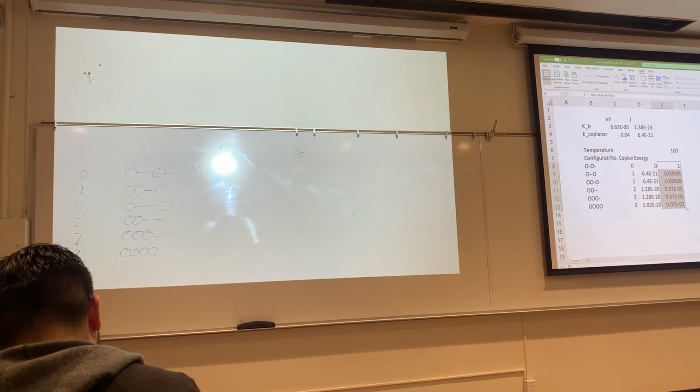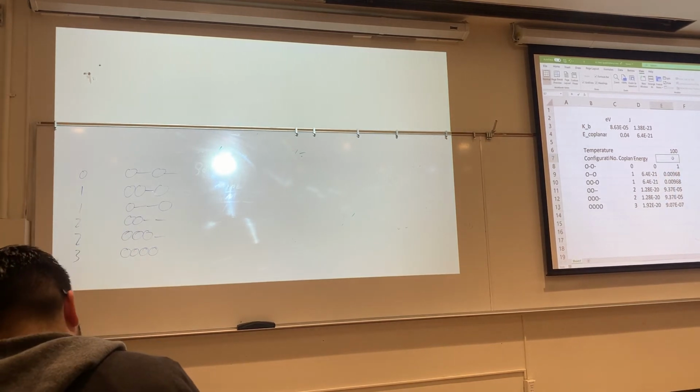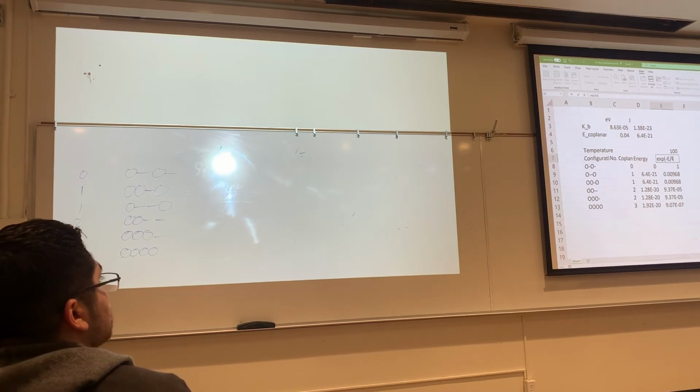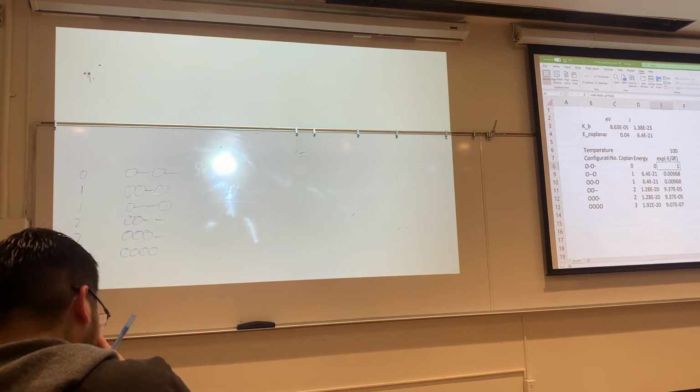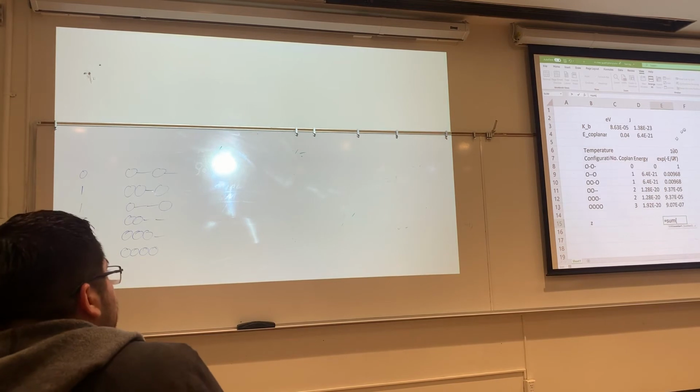So now, what I calculated here was exp of minus E over kT, correct? That is what I did in this column. So, if I wanted to know what my canonical partition function Z were, then my canonical partition function Z, that is the sum over those, isn't it?